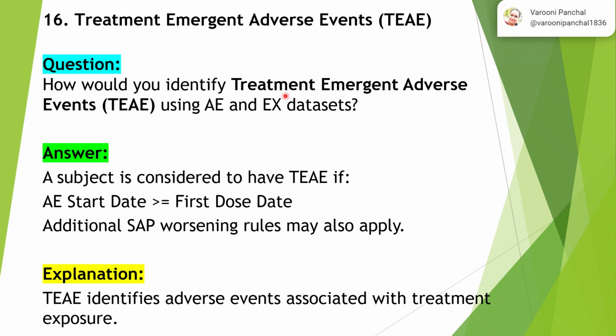How would you identify TEAEs using AE and EX datasets? Now a subject is considered to have treatment emergent AEs if AE start date is greater than or equal to first dose date. You can also apply additional SAP rules that have been mentioned and confirmed with the sponsor. Treatment emergent AEs identify adverse events associated with treatment exposure.